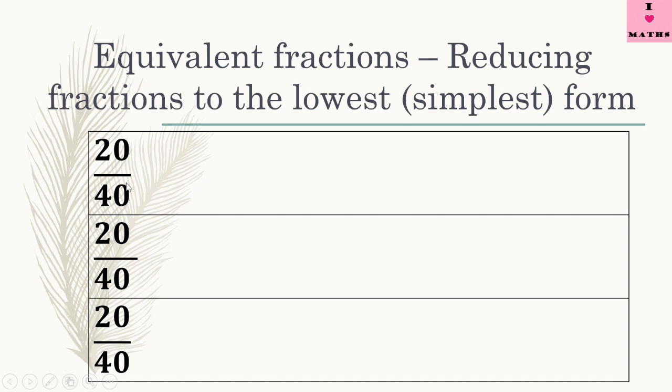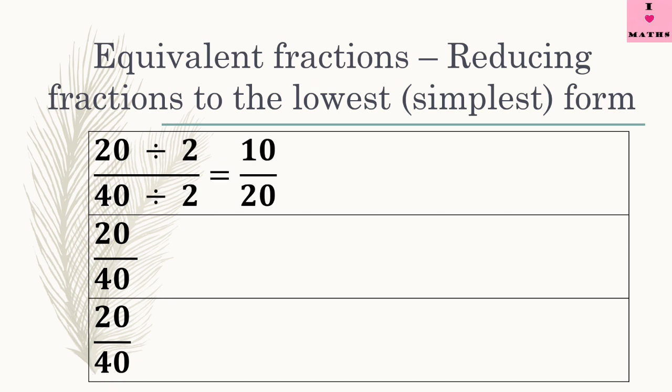So to change the fractions to the lowest form, we have to always divide the numerator and denominator by the same number. Now, what number should it be? We have to think. Think of a number in whose table 20 and 40 both come. Think. For this exercise, you should know your tables extremely well.